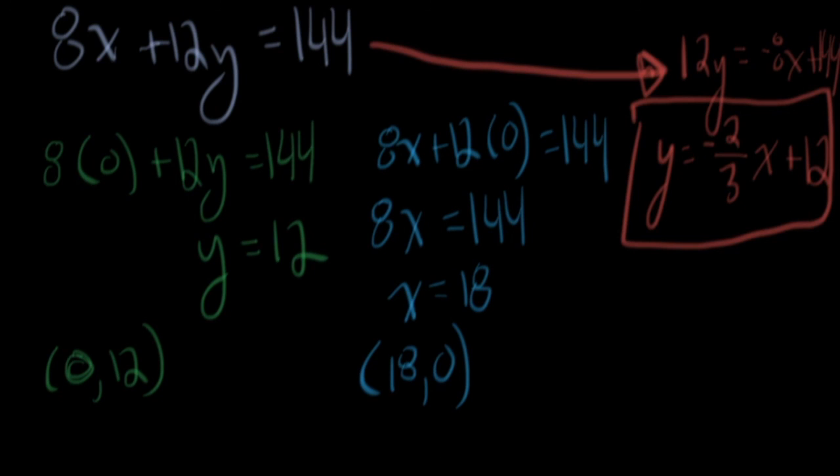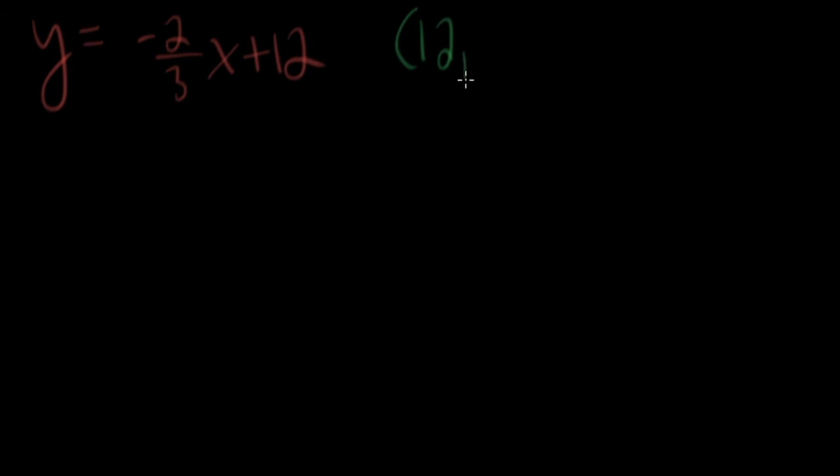Let's go and graph. Now this is going to be the tricky part perhaps, to see how good of a graphing I could be. So we did have that y equals negative 2/3 x plus 12. That was our slope-intercept. We did have our intercepts being 12, 0. And we also had our intercept as being 0, 18.